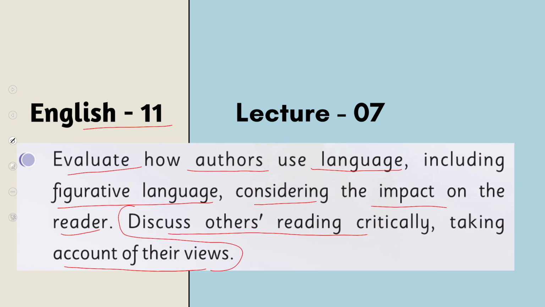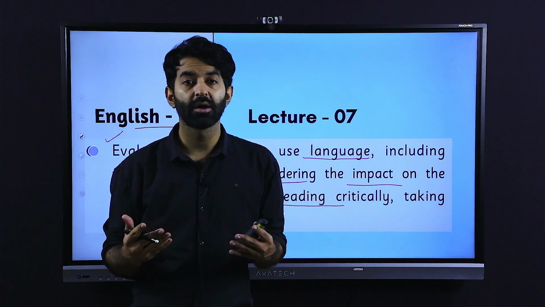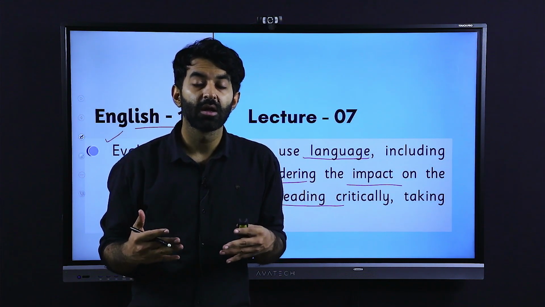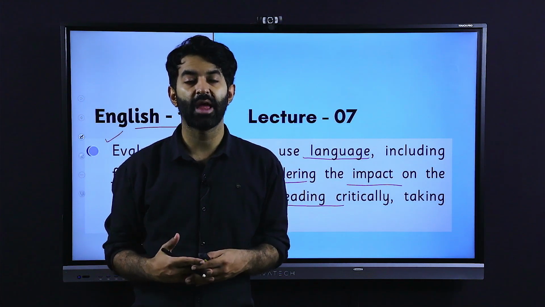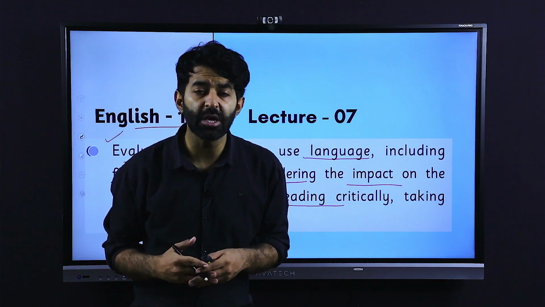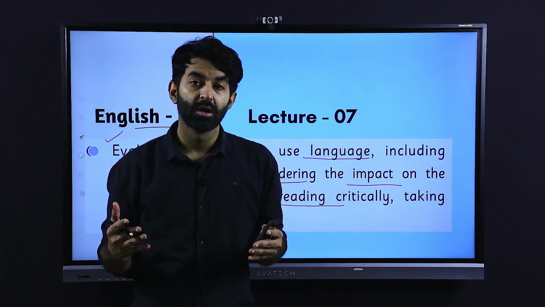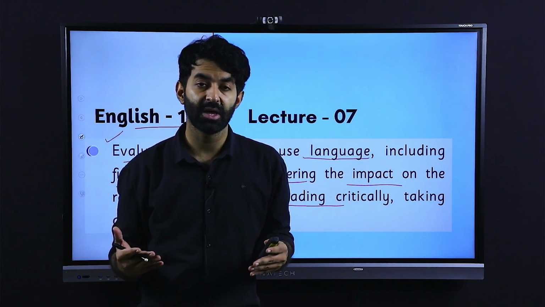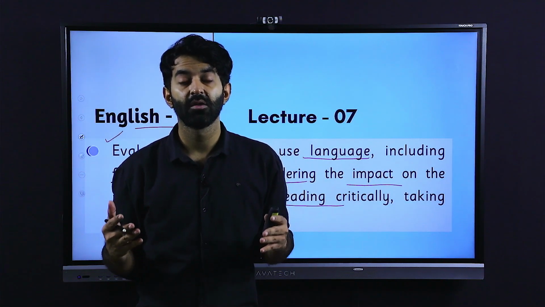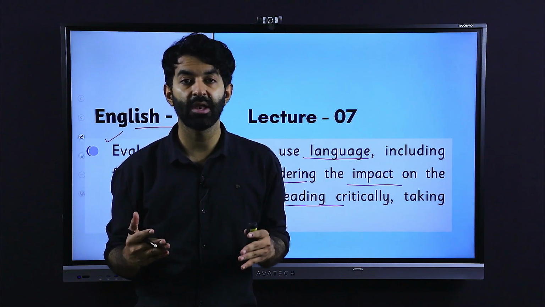So, we are going to divide the learning outcome into two parts. First, we will see that when we are talking about any written material, we use language, but we also use a little creative language, a figurative language that involves figures of speech like simile, metaphors, personification, etc. Now, when you are reading a poem, you can see that the figurative language is used heavily by the poet.